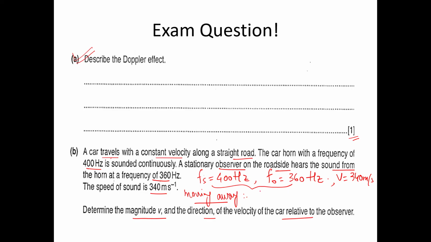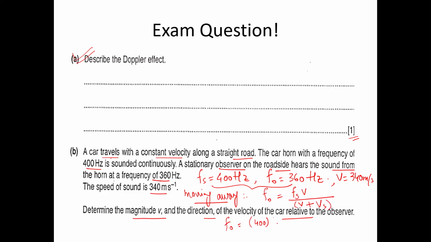Okay, when it is moving away, what formula are we going to use? F naught is equal to Fs V whole divided by V plus Vs. So we are going to plug in the values in this formula and we will get our answer. F naught is equal to, what is Fs? 400.